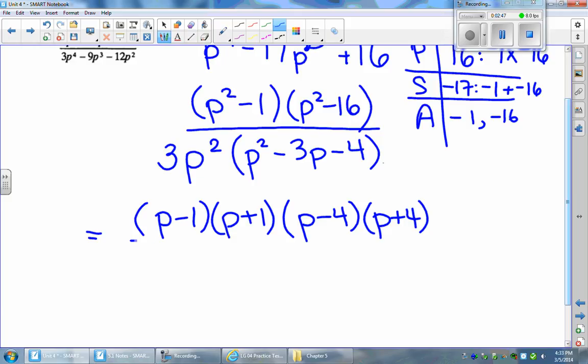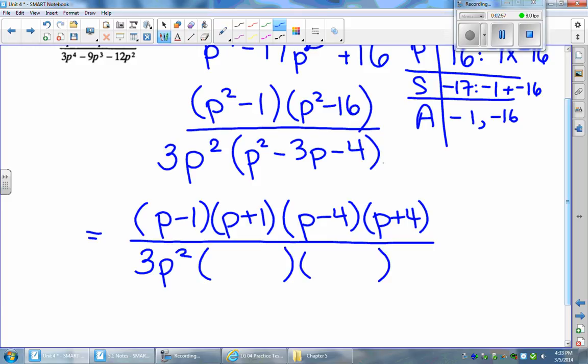All right, this is going to be a lot of terms. And now we have 3p squared, and we want to figure out the binomial that will give us p squared minus 3p minus 4. So we're going to PSA again. This time we're looking for a product of negative 4 and a sum of negative 3.